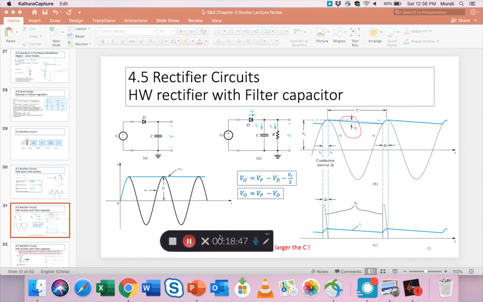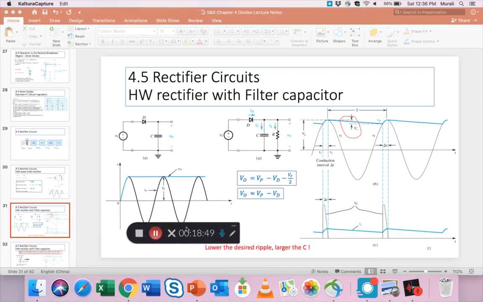What you see here is the blue waveform of the output, which is pretty close to DC, but not quite a steady DC. It seems to charge up in a part of the positive AC cycle, and then it slowly declines, and then it gets charged up, or boosts, and then it declines, and so on.